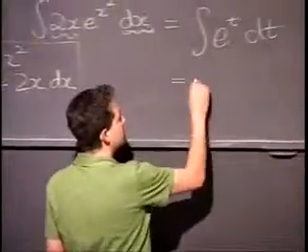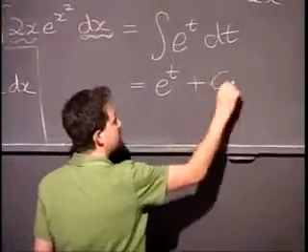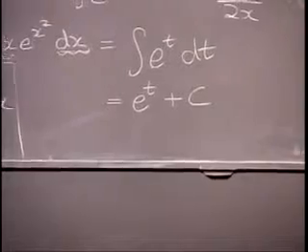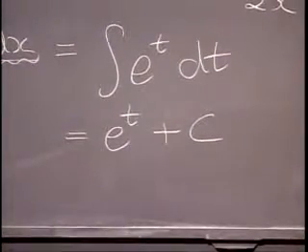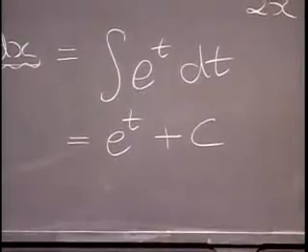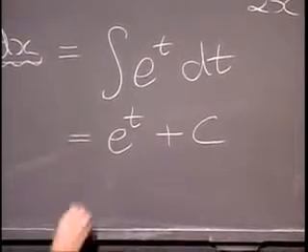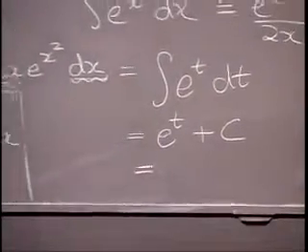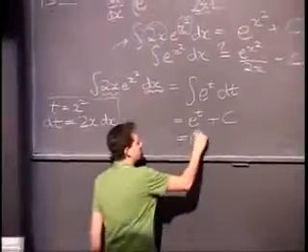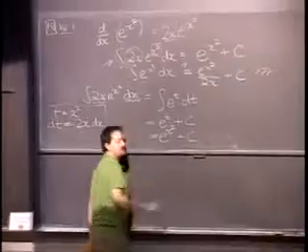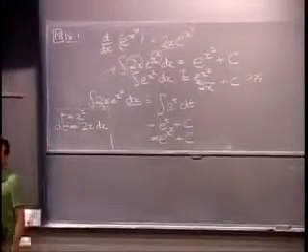We know this is e to the t plus a constant. Unfortunately, that's not the final answer. We have to go back to x land. See, we invented t. It's a fantasy variable, as it were. So we've got to get back. It's not a very exciting fantasy, I have to say, but we have to go back to x land. So we end up with e to the x squared plus c.